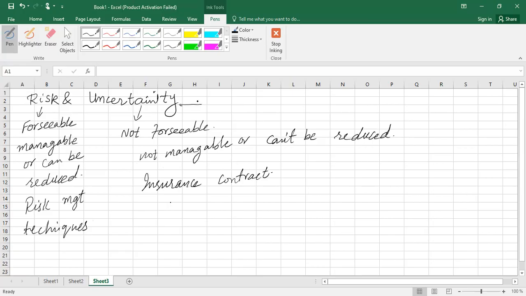Uncertainty means what? It means accident, it means fire, it means earthquake. These are the uncertain events which can arise anytime, and this loss can be managed with the help of an insurance contract.